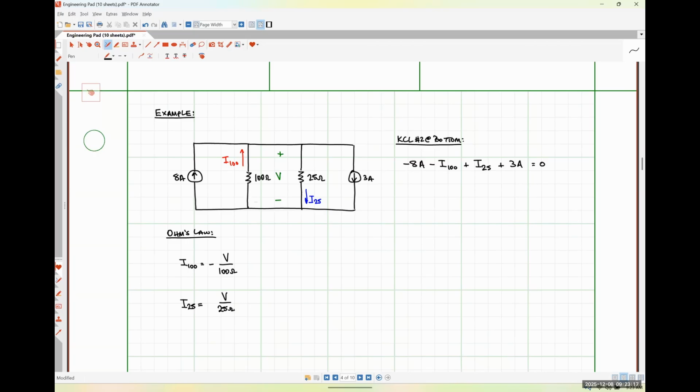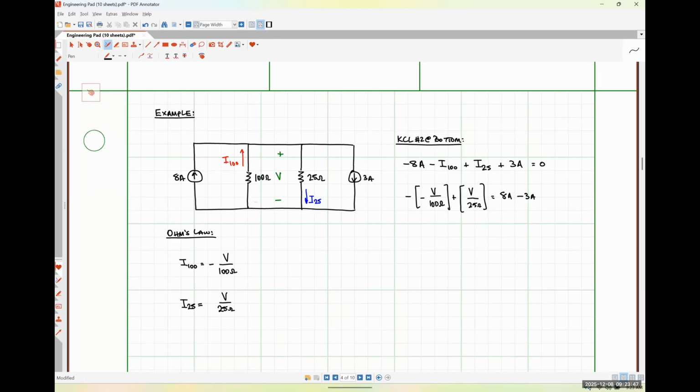And so now I can simply substitute those relationships into my KCL at number 2 equation up here. So negative I100 is negative V over 100 ohms, plus I25 is just V over 25 ohms, is equal to, I'm going to move the 8 amps over here. I'm going to move the 3 amps over here.